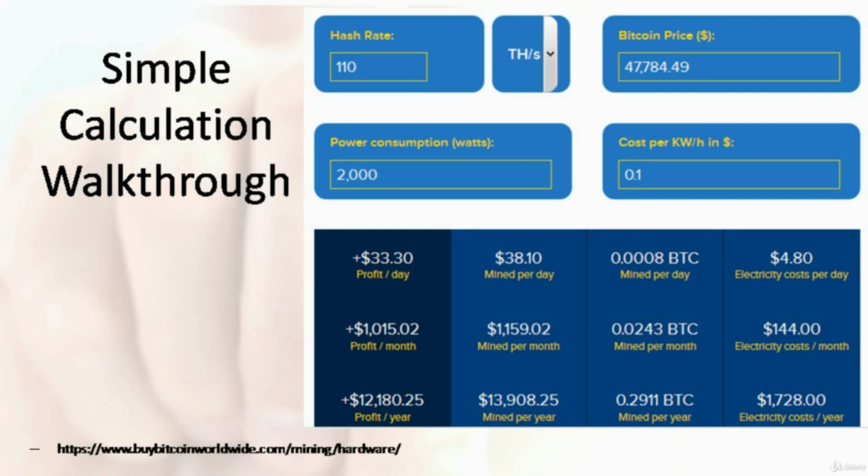Overall, per year, you would have a profit of $12,180.25 for this particular mining rig. That's basically just a forecast based on the difficulty of the current blockchain, as well as the current projection of the Bitcoin price.